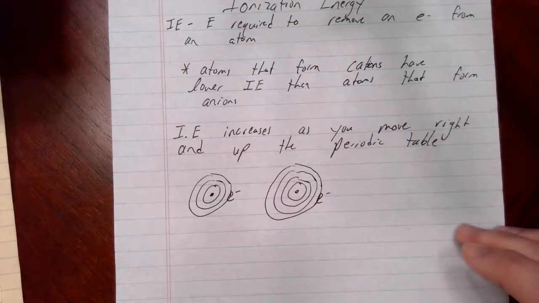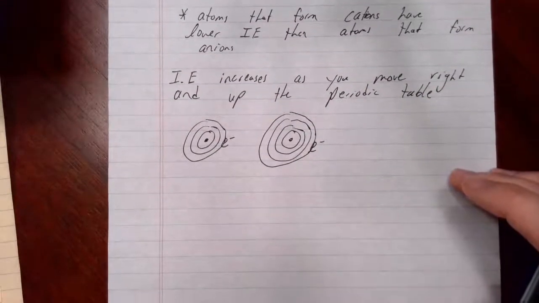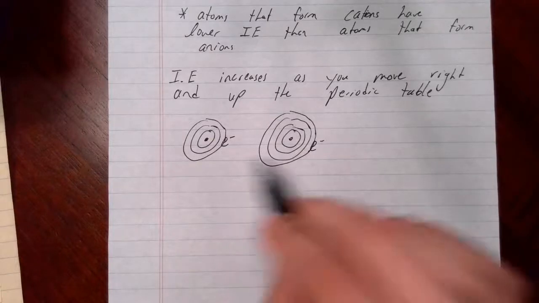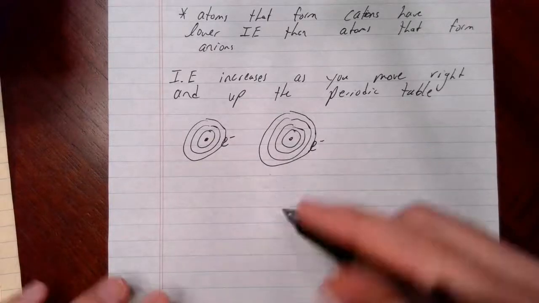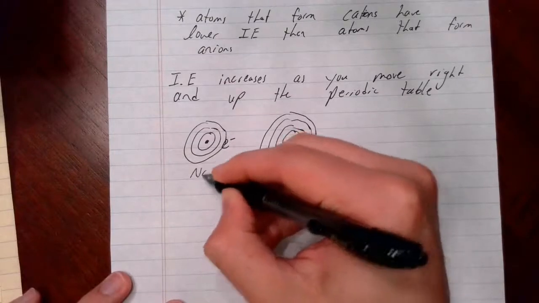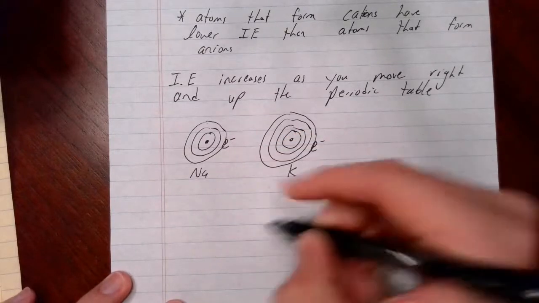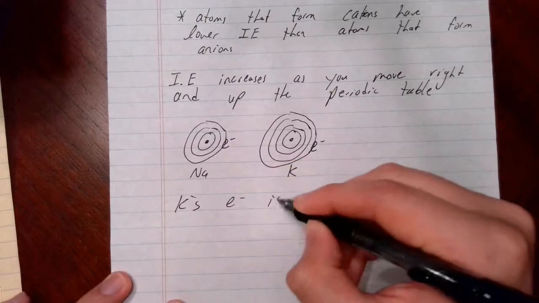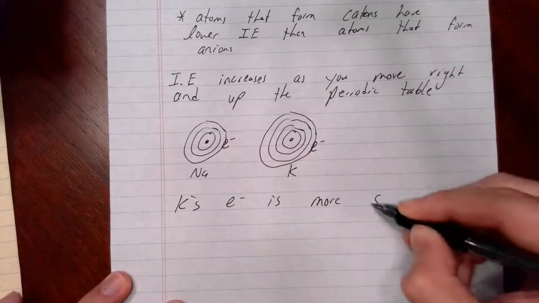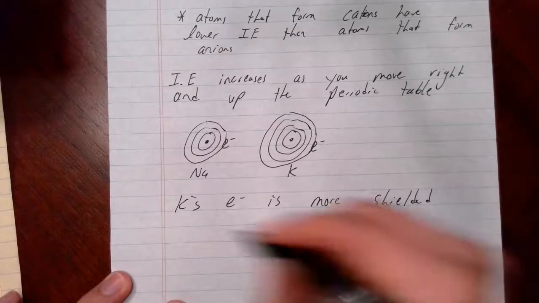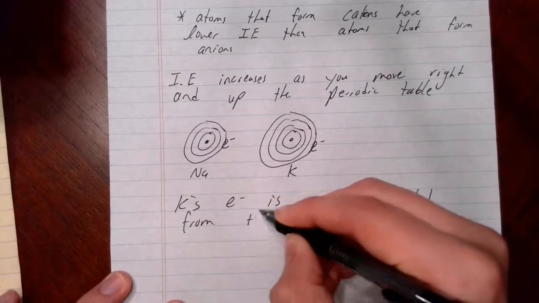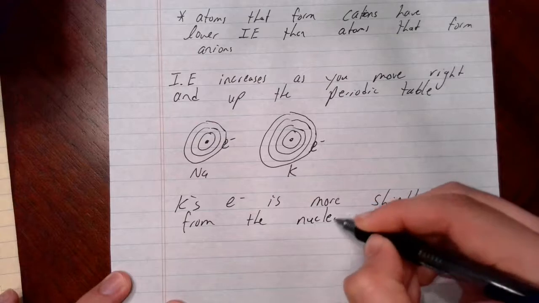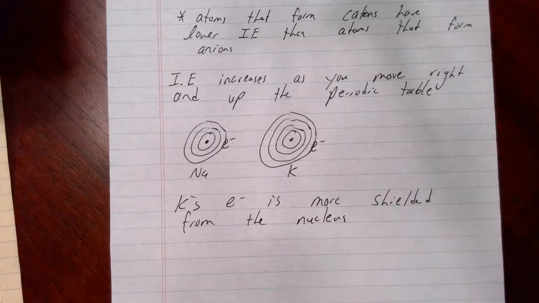Okay, so if we think about shielding here, so this is sodium, this is potassium. Okay, so potassium's electron is more shielded from the nucleus. Okay, so if it's more shielded from the nucleus, that means the nucleus isn't holding it as tight.